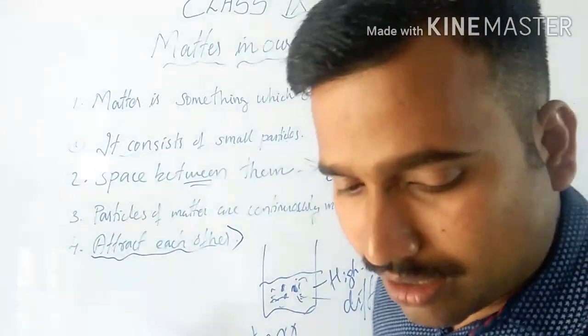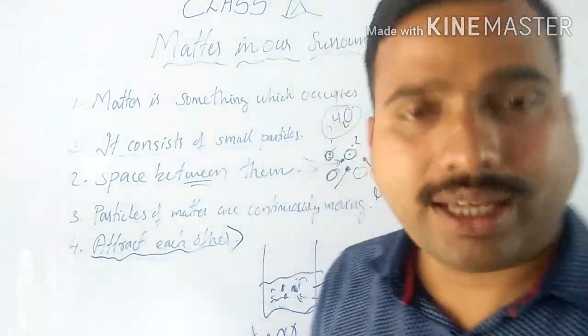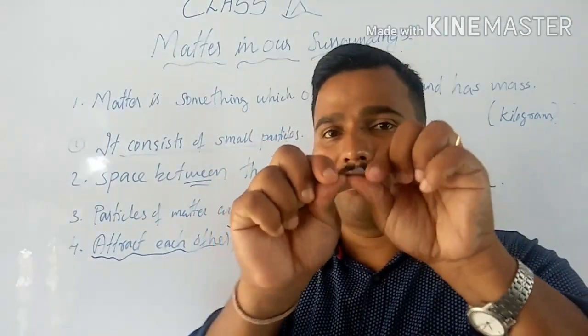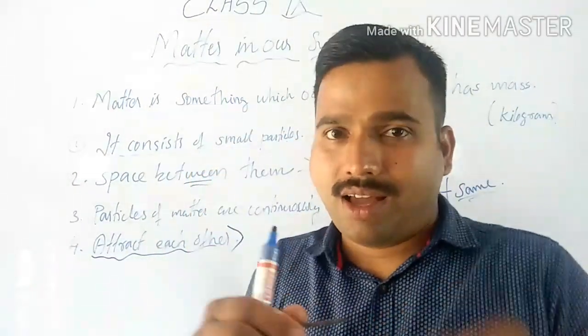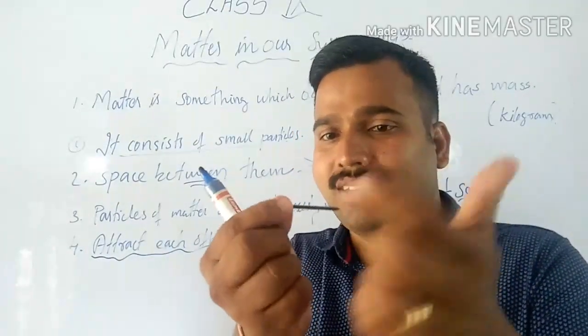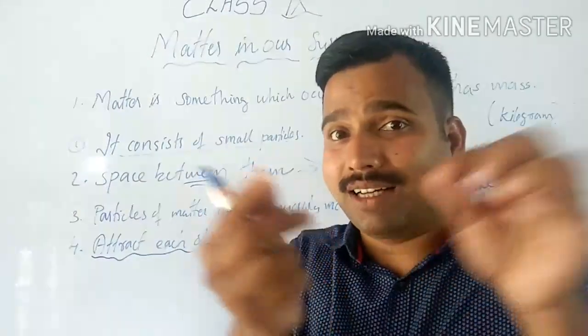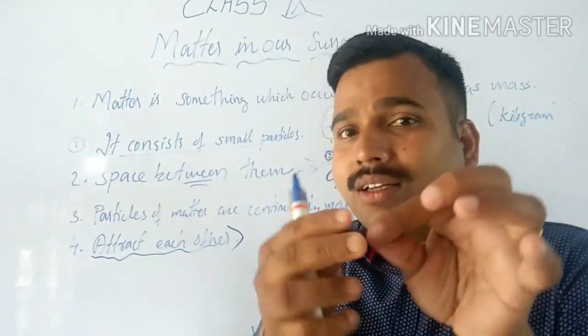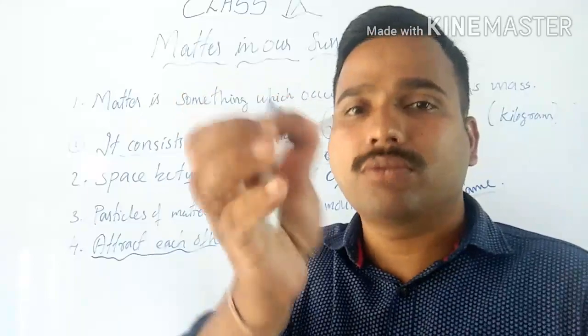Similarly, you can see certain materials. Suppose you take an iron nail. If you apply force, you cannot break it. The particles of matter of this iron nail are bound, attracted together with a very high amount of force.